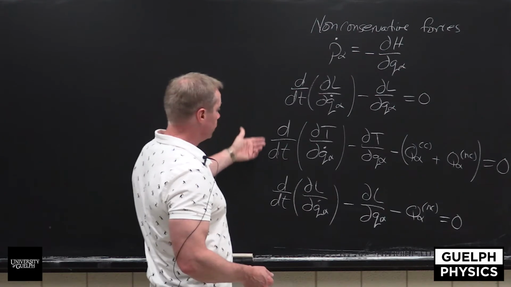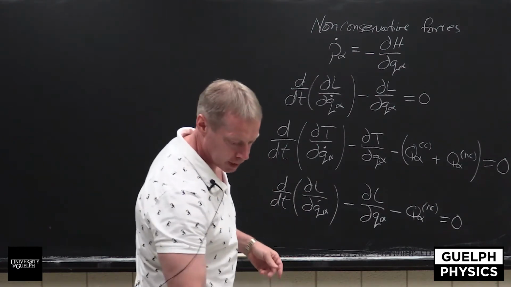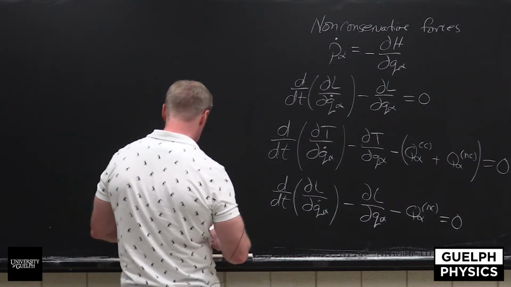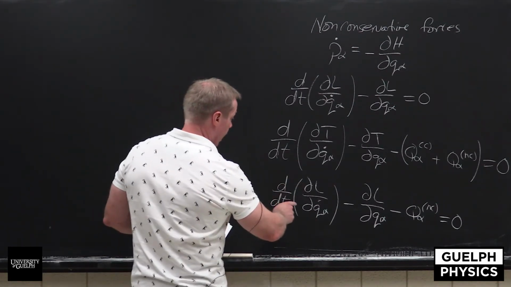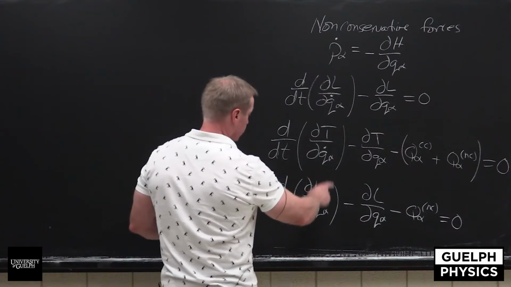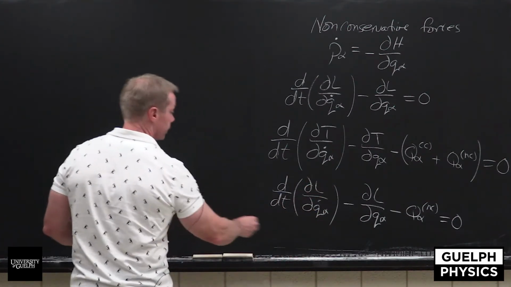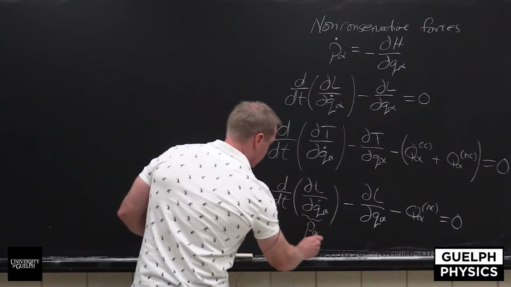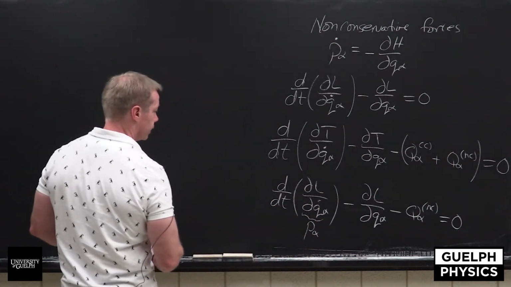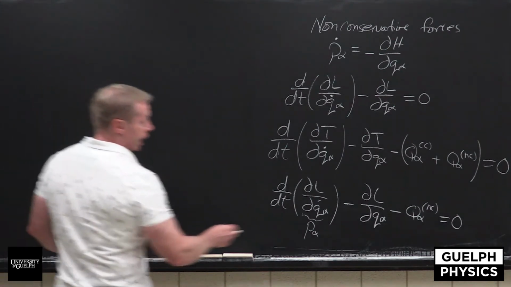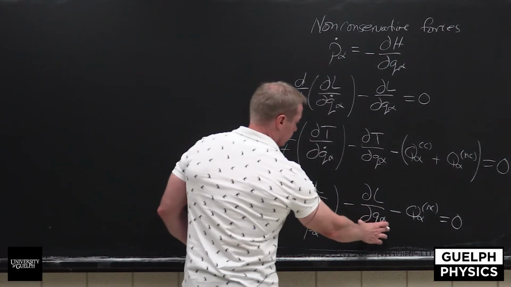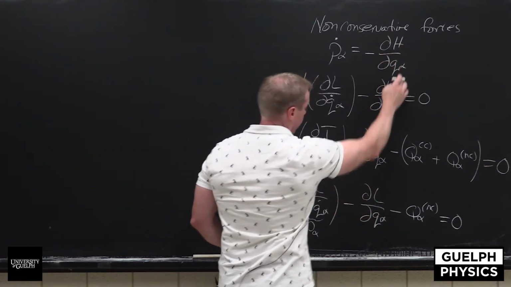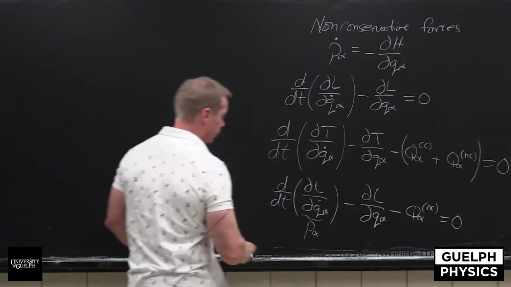Now we'll use Hamilton's equations in order to rewrite this. And we start by using the definition of the momentum. So our momentum is ∂L/∂Q alpha dot. And then we also have another of Hamilton's equations, that ∂H/∂Q alpha is minus ∂L/∂Q alpha.